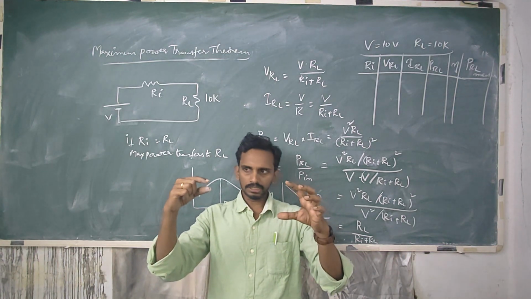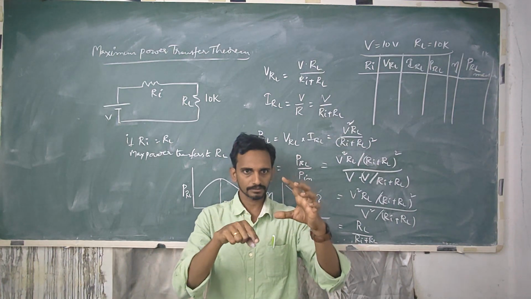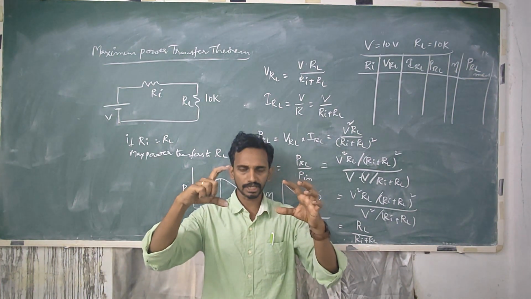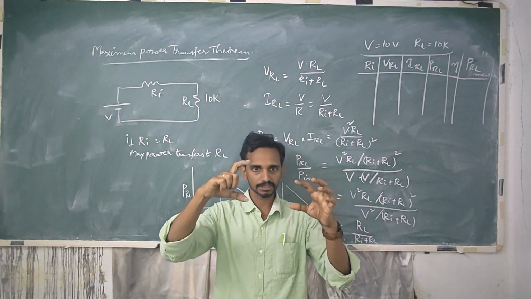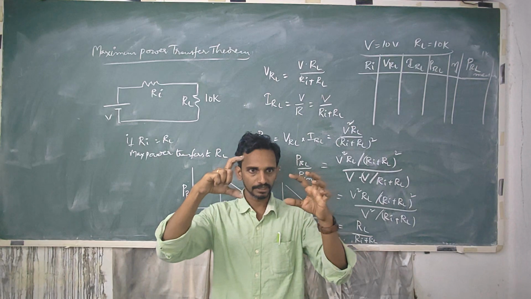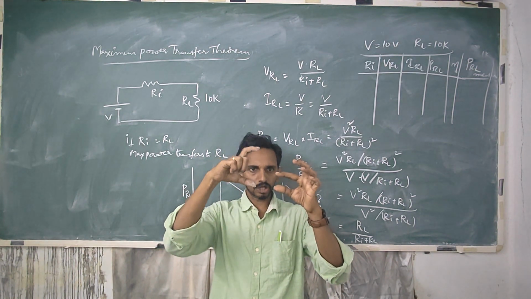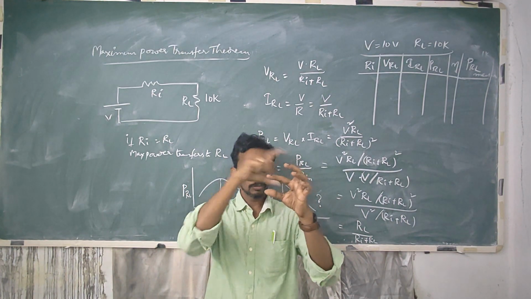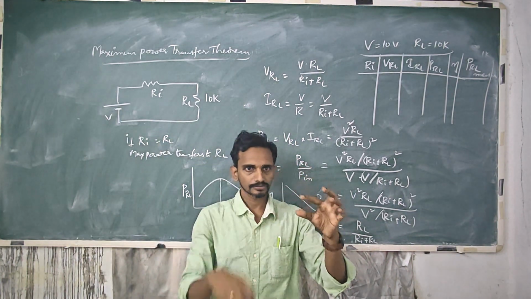And if Ri is low, there will be some leakages, little. When Ri is very low, resistance is very low, channel width will be very high. So when Ri is very low, what happens? You will have more losses. There will be more losses because water is flowing from this side to this way.